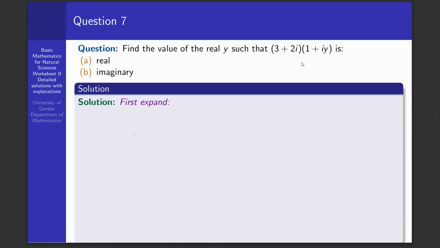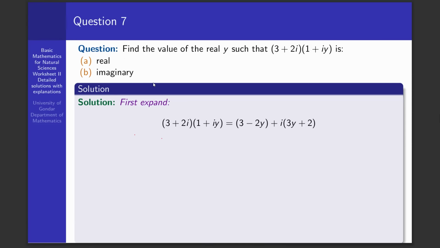That means for the first one, we have to expand this and write the product of these two complex numbers in standard form, z equal to x plus iy. When we expand, we have (3 minus 2y) plus i multiplied by (3y plus 2). This is the real part, and this one is the imaginary part of the simplified product.